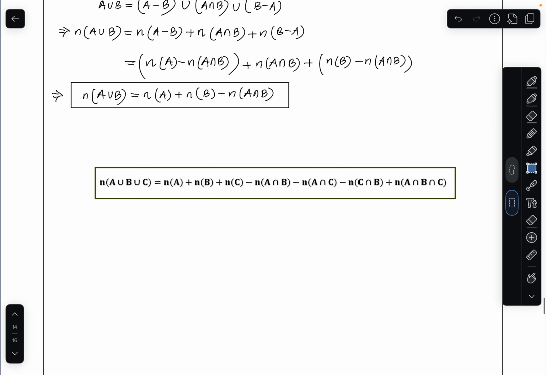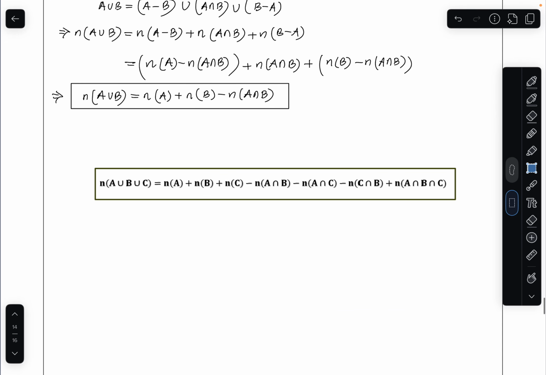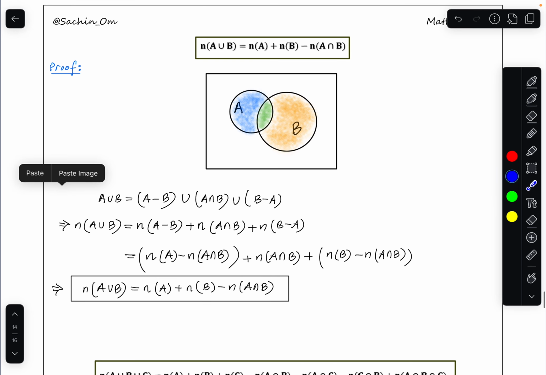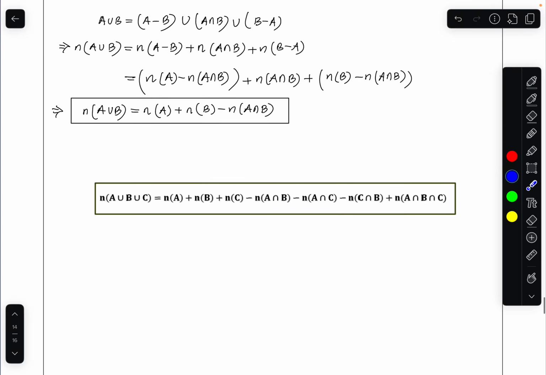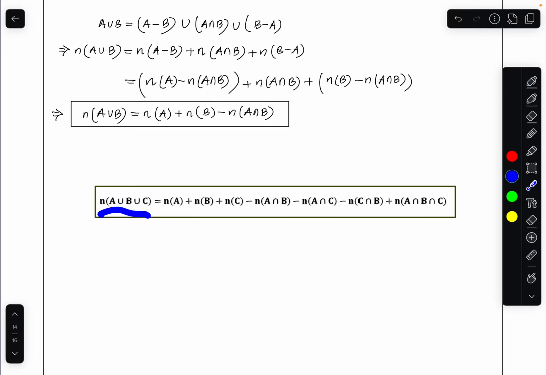So there is one more result which says, just like for the union of two sets, you have this relation: number of elements in the union is equal to number of elements in A plus number of elements in B minus number of elements in A intersection B. Similarly, there is a relation for the union of three sets as well.